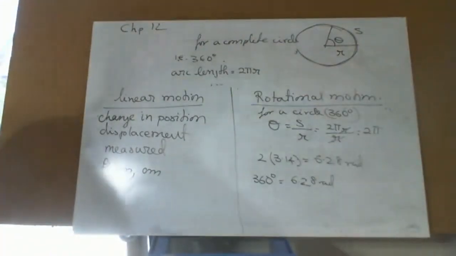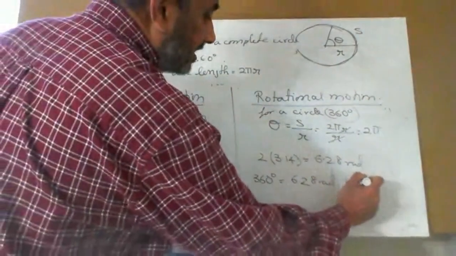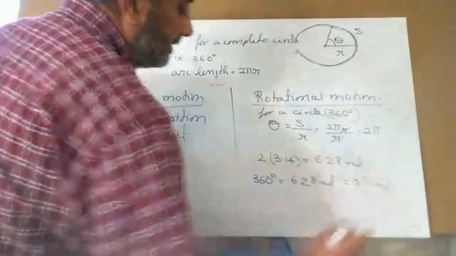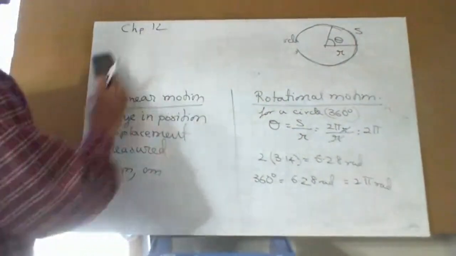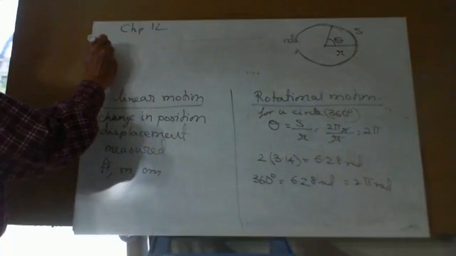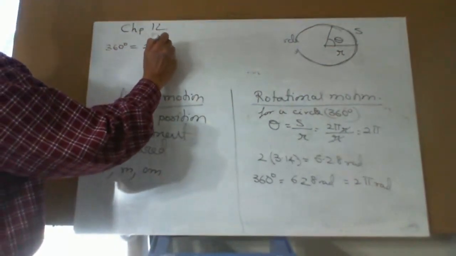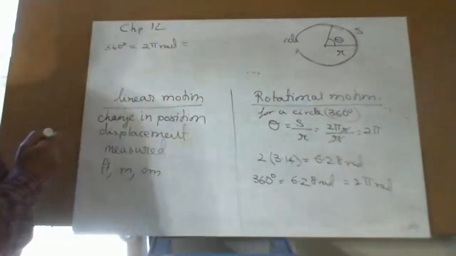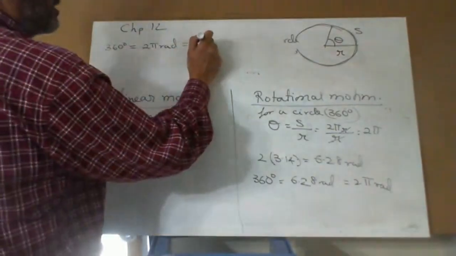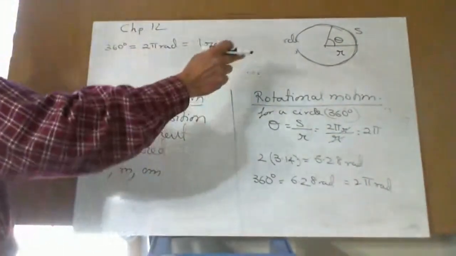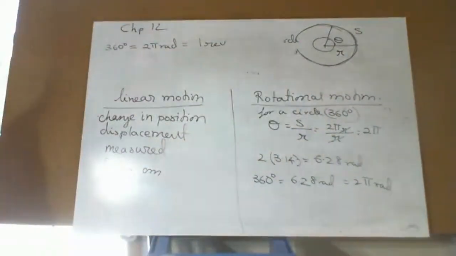So we measure angles in degrees and in radians. 6.28 also is written as 2 pi radians. So if I can summarize all of this, 360 degrees is equal to 2 pi radians, which is 1 revolution. A complete circle is 1 revolution.